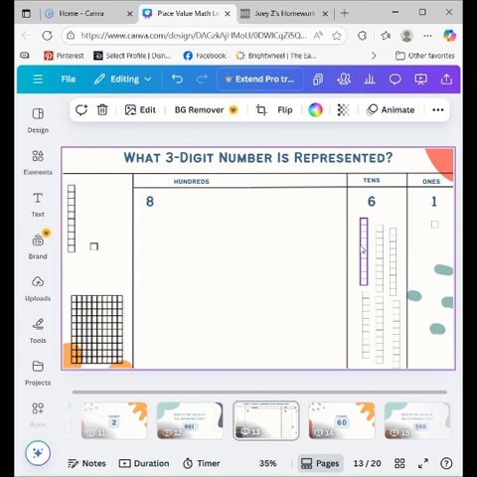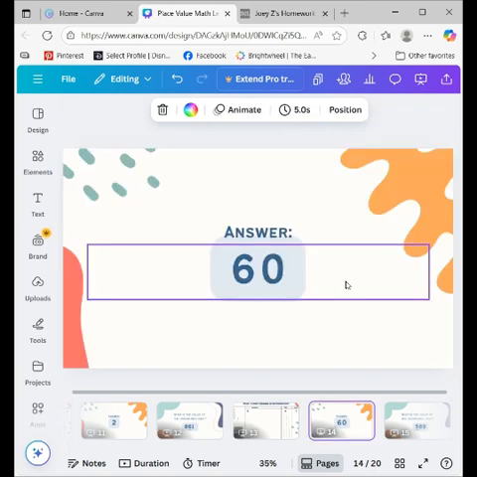And then we can find out the value by doing this as well. So it's 10, 20, 30, 40, 50, 60. So the value of the underlined digit, which we determined was 6, is 60. That's really good job.